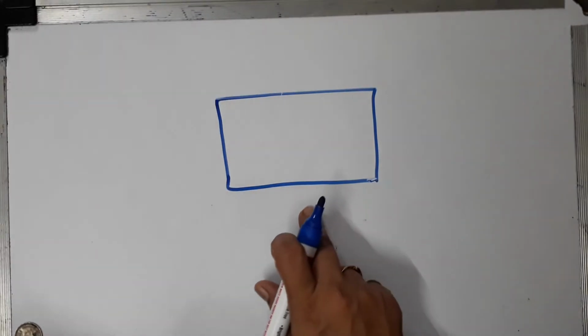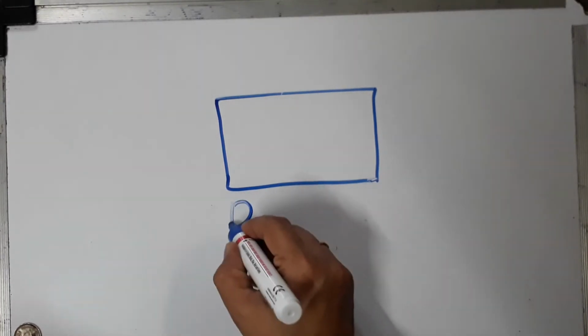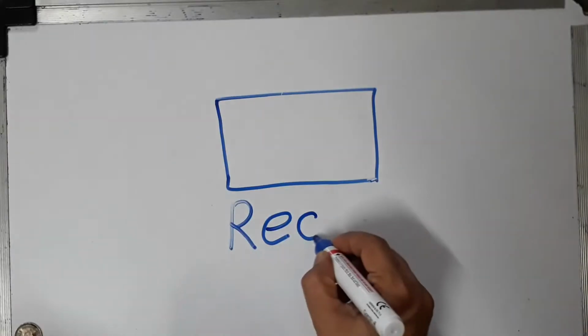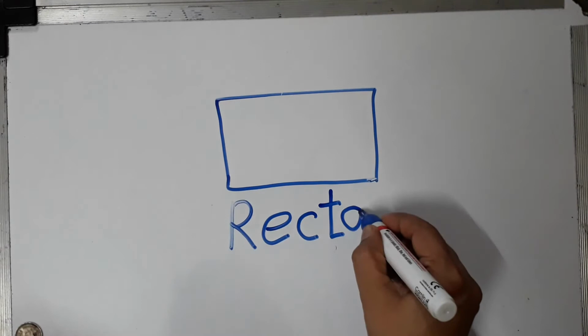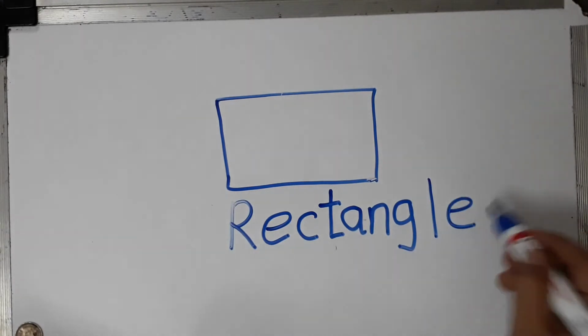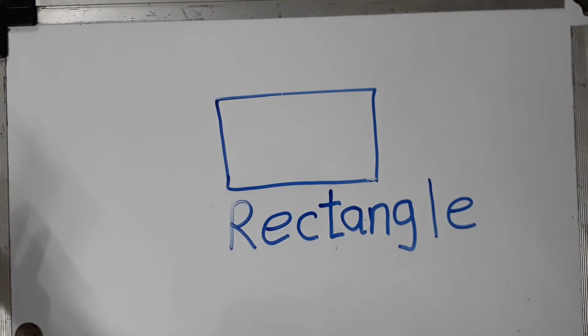This is a rectangle shape. The spelling of rectangle is R E C T A N G L E, rectangle. Okay, have you seen any things of rectangle shape?